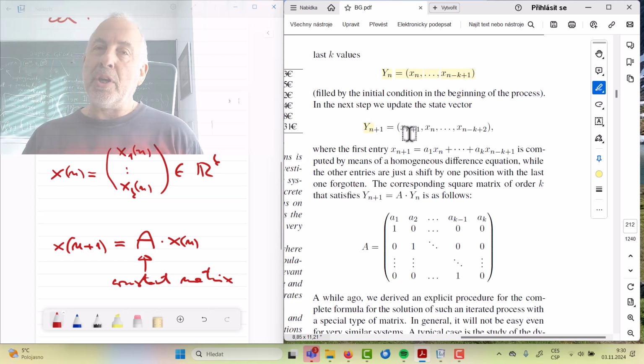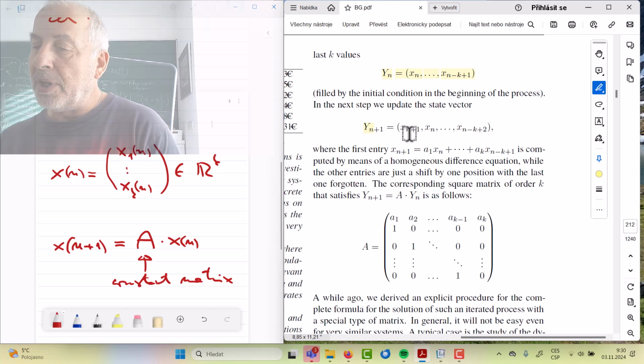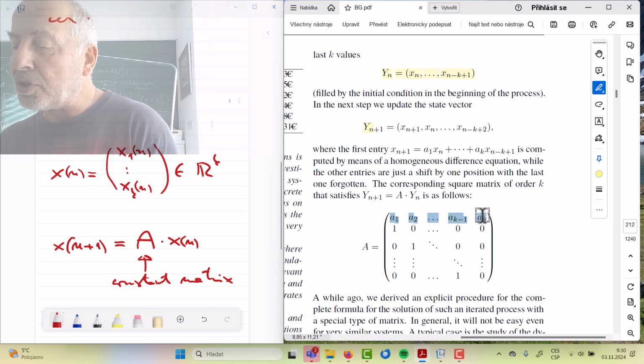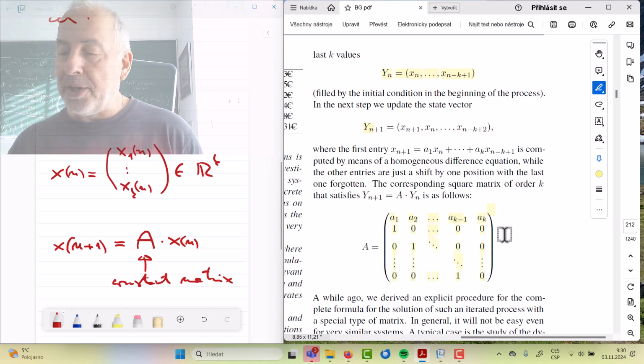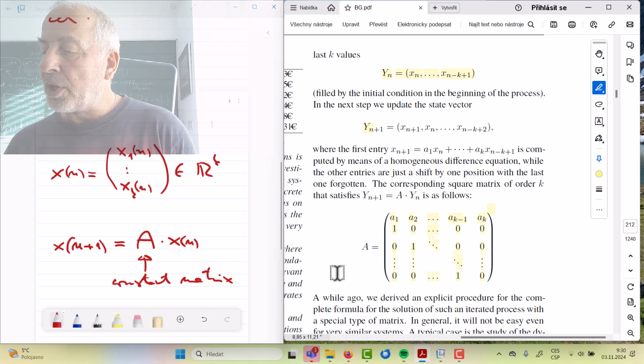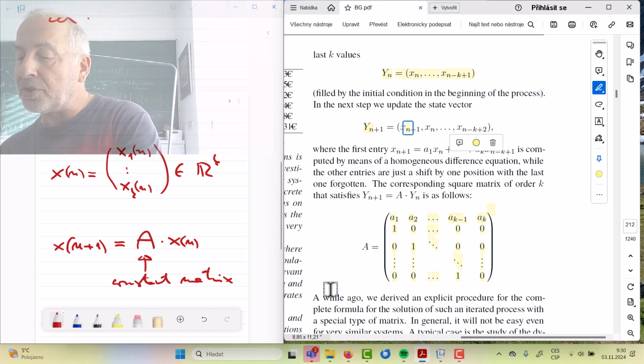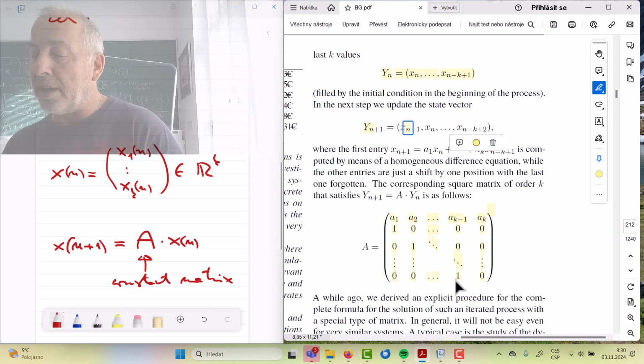And how did we come from the yn to y_{n+1}? It's just by multiplying it by the matrix A, right? You see the first line of the matrix just gives you the linear recurrence which produces the x_{n+1}, and all the others are to be copied but shifted by 1, so you have the ones below the diagonal.